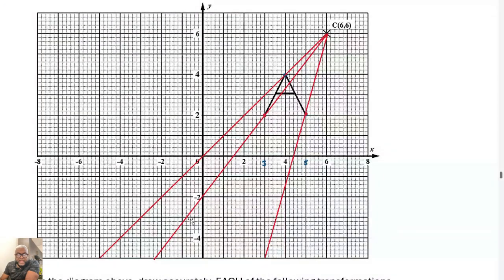Okay, so are there any 2 points along these 2 lines? I'm highlighting them. You see this line and this line? Are there any points along these 2 lines that are 4 centimeters apart? Which 2 points? Is it here and here? That's not right.